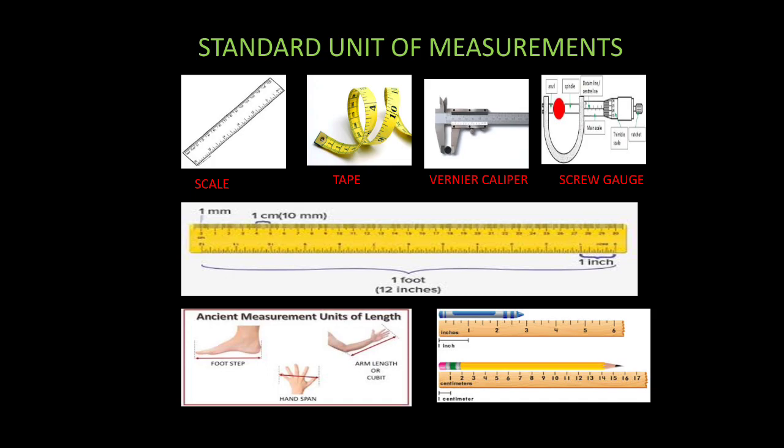So in the picture, what are there? Scale, tape, vernier caliper, screw gauge. These vernier caliper and screw gauge are used for measuring the diameter of thin wire or thickness of a sheet of metal. Okay, more details about these instruments you will study in your higher classes.